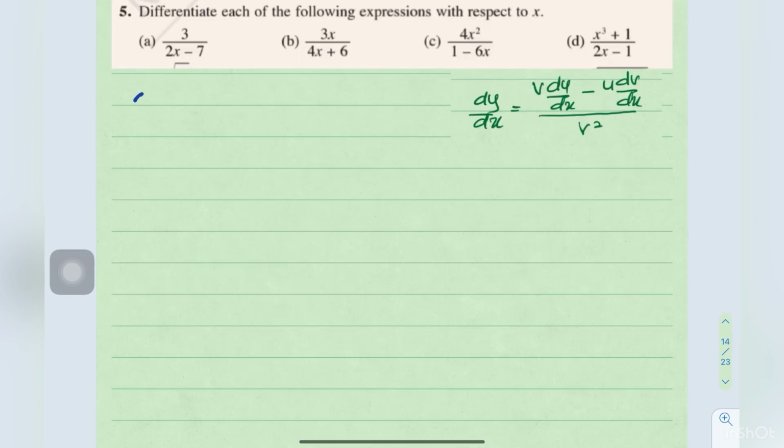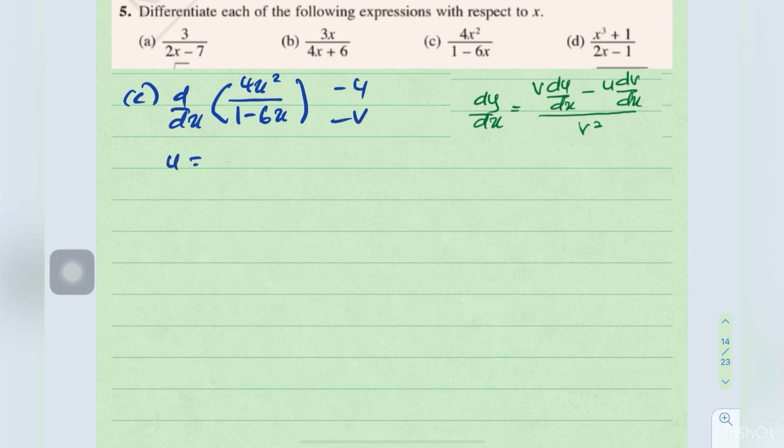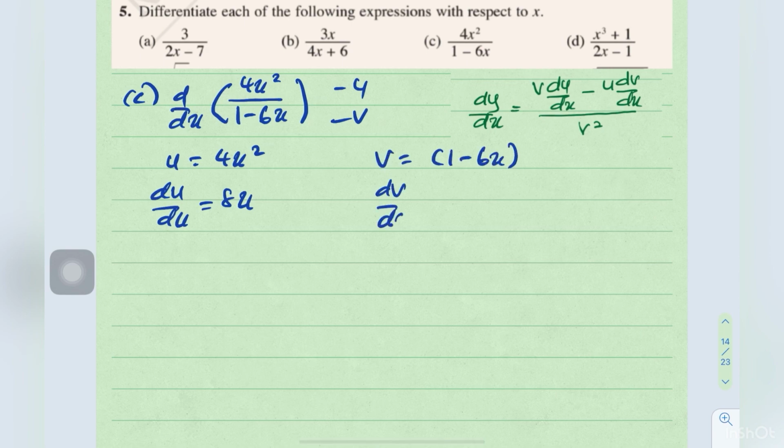Then question C. Okay, d/dx of 4x squared over 1 minus 6x. So this one u, this one v. So u is 4x squared, du/dx is 8x. v is 1 minus 6x, dv/dx is negative 6.